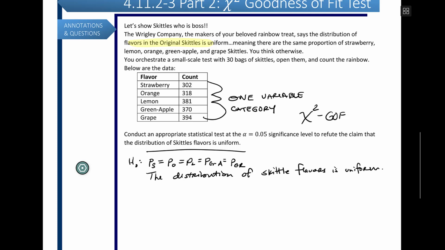Now our alternate hypothesis is just one simply of difference or change, that at least one of these flavors does not follow this given distribution. Okay, so we could say at least one flavor follows a different distribution or follows a different proportion. At least one flavor has a different proportion.